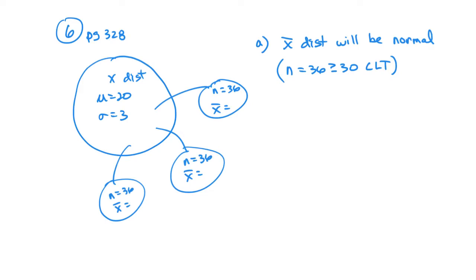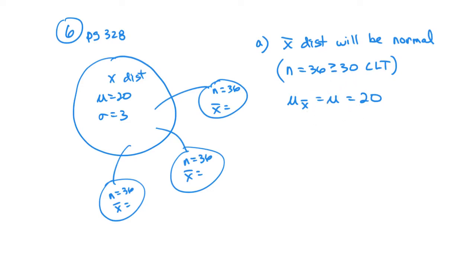Then it says compute the mean and the standard deviation. Well, the mean of this x-bar distribution is the same as the mean of the x distribution, so we know that's 20. We don't even need to do anything, right? They're going to be the same because our sample size is 30 or more.